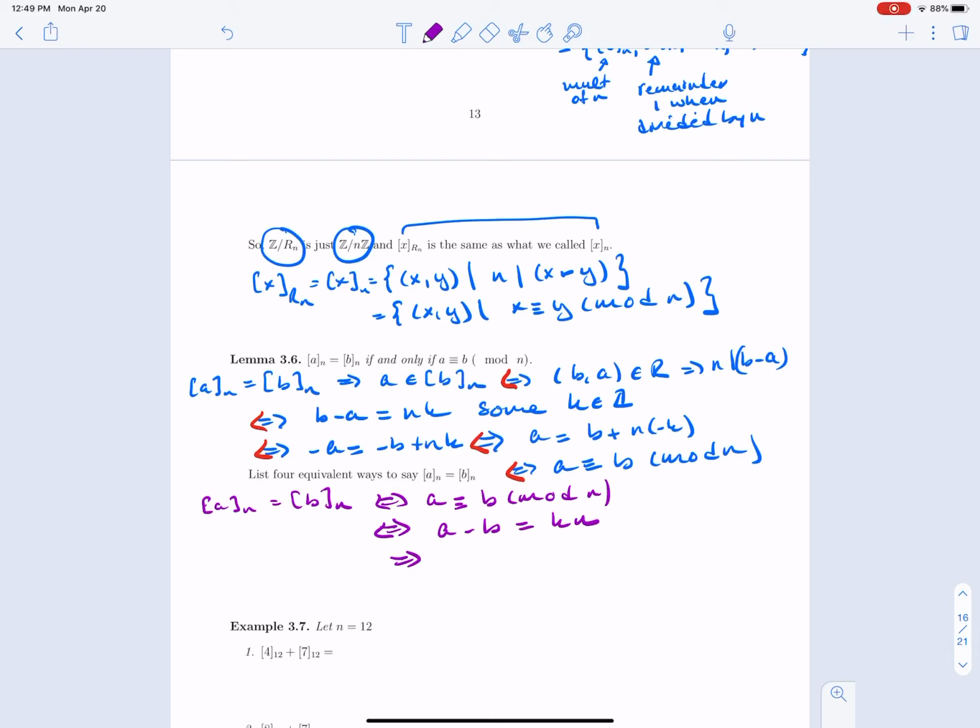And we know that that means that n divides A minus B, which of course is the same as saying that n divides B minus A. And we could also say that A and B have the same remainder modulo n.